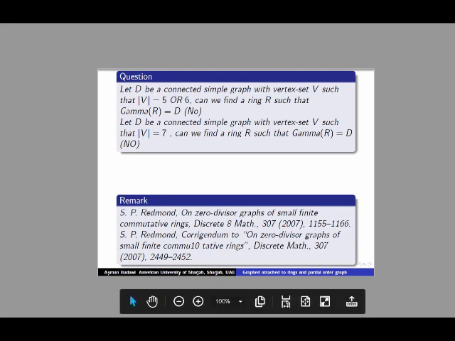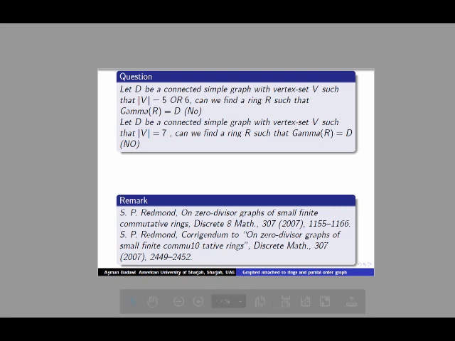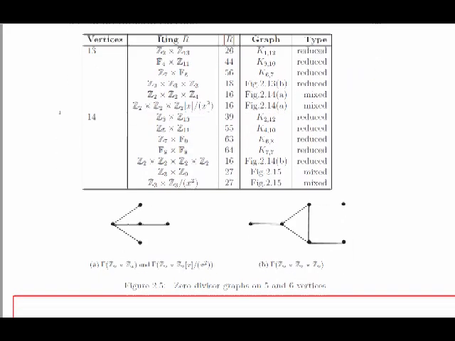In the second paper, he corrected some mistakes in the first paper in 2007 on the zero divisor graph of a small finite commutative ring. He was able to characterize, I think, up to 30, like the number of vertices equal 30, and he gave all the rings and so on.